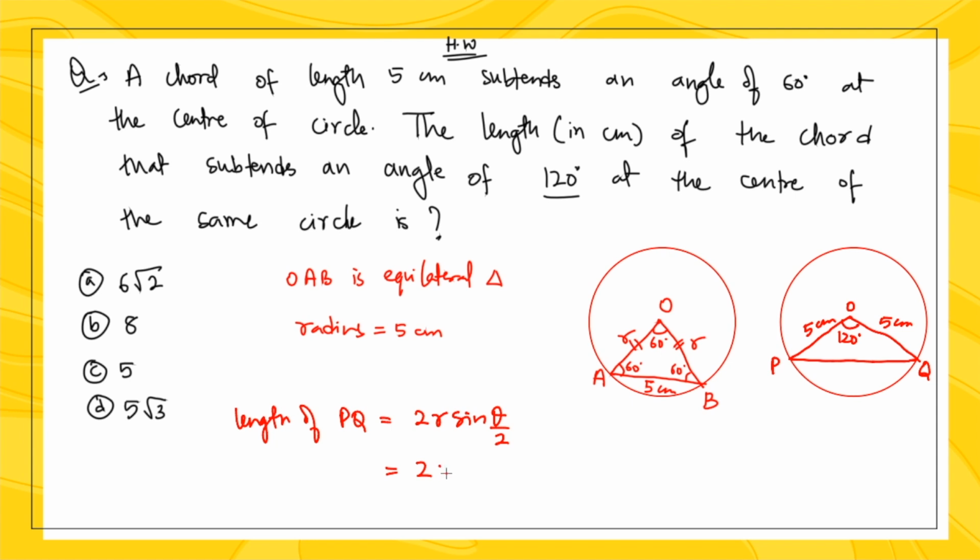So this will be 2, r value is 5 centimeter, and then sine of theta by 2, which is 120 by 2, that will make it 60. Sine 60 value you should know: the value of sine 60 degrees is root 3 by 2. So if you put that in, it is 2 into 5 into root 3 by 2. This 2 and this 2 get cancelled out and your answer will be 5 root 3, which is option number B.